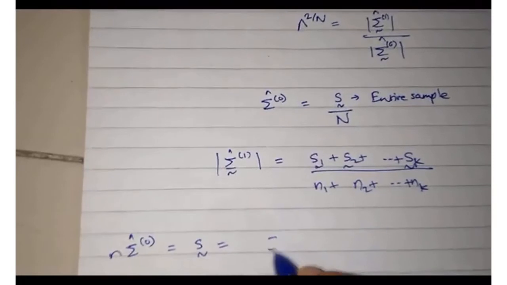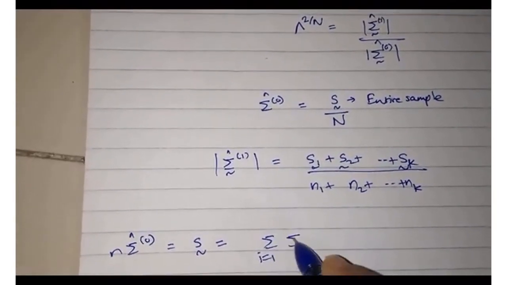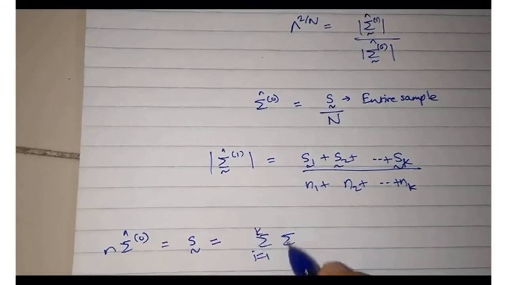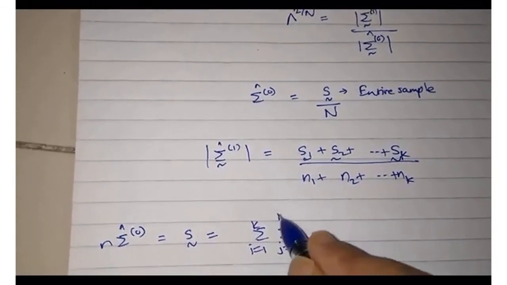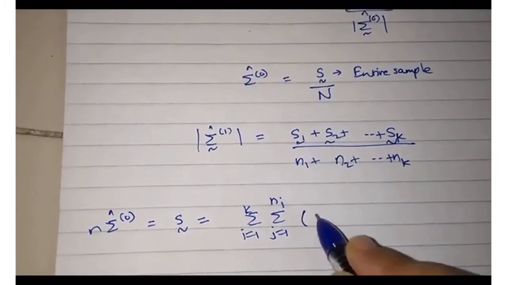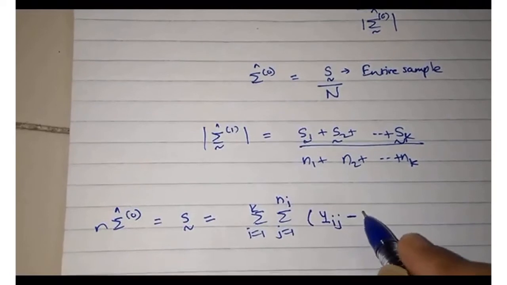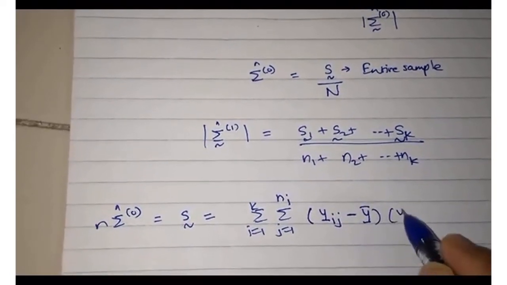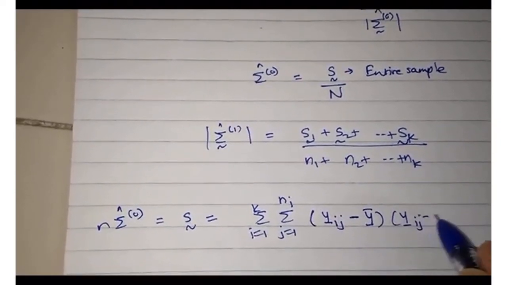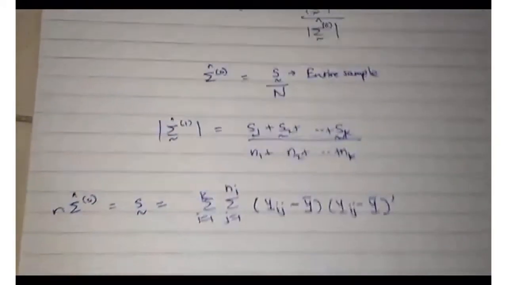So S we know is summation i going from 1 to capital K, j going from 1 to Ni, (Yij minus overall mean, that is y bar)(Yij minus y bar) prime.